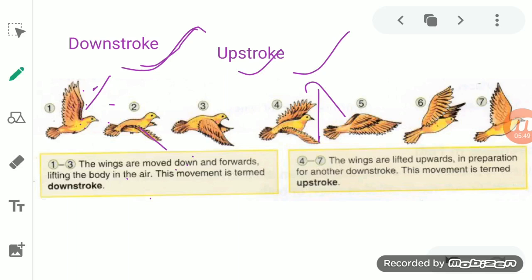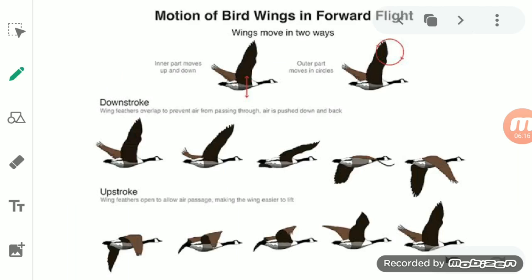So by this, because of downstroke and upstroke, the bird is able to move in the upward and in the forward direction. During the downstroke of the wing, the air is pushed downward and backward, and the equal and opposite reaction force of air pushes the bird up and forward, and this process helps the birds to move properly in the air.